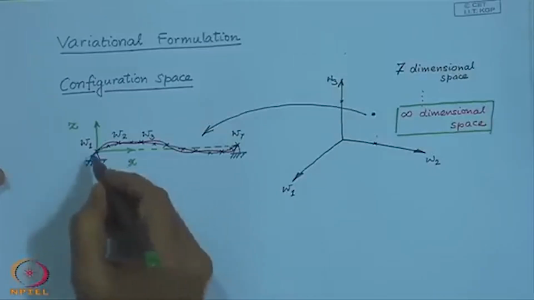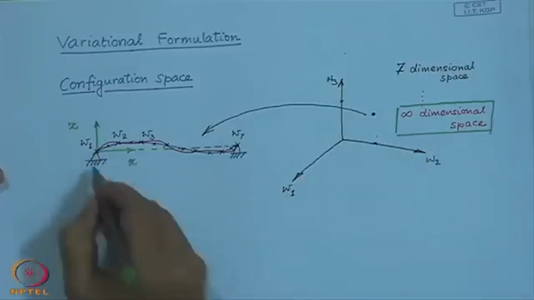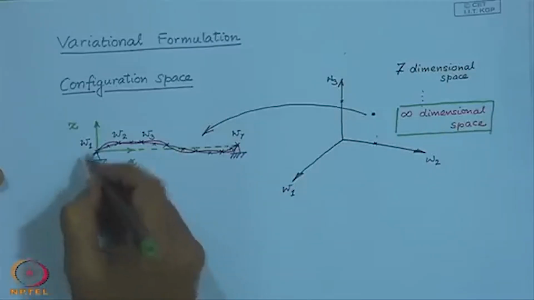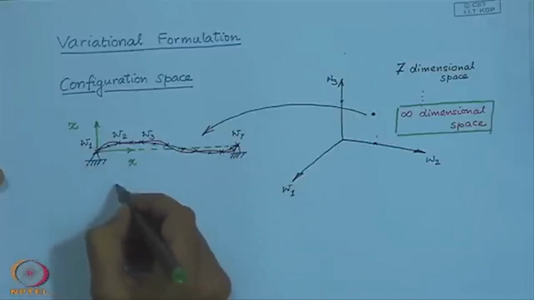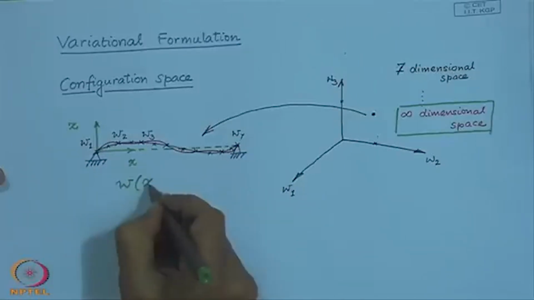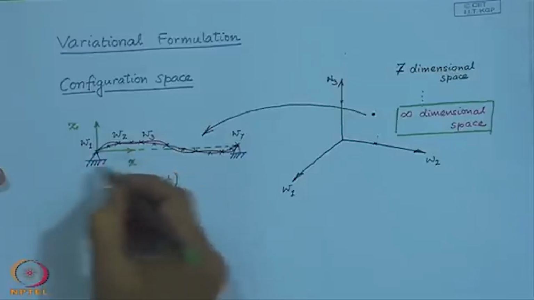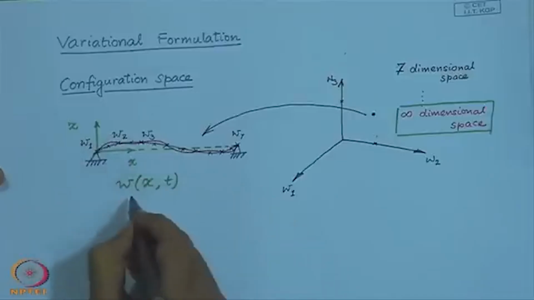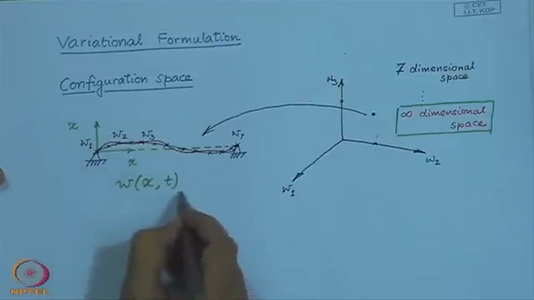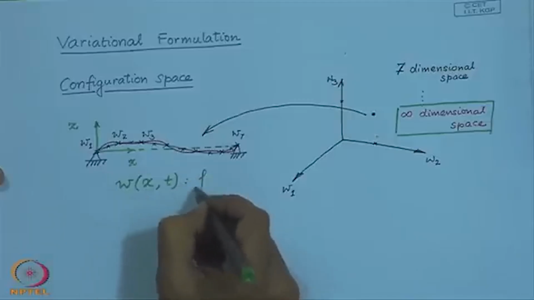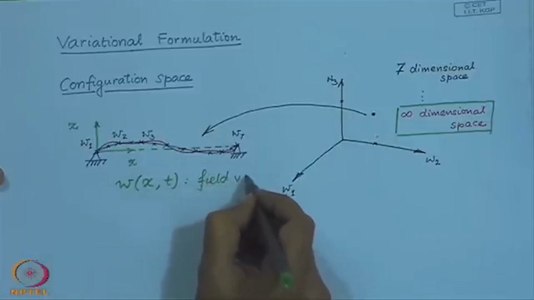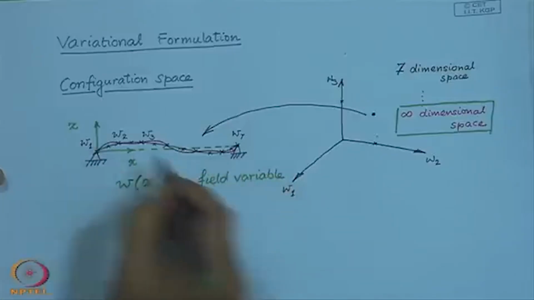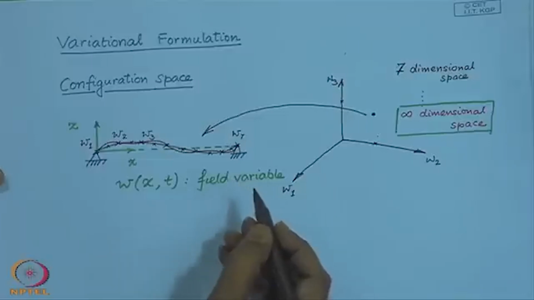Then, as you can see, such infinite possibilities, if you want to represent them, require what are known as field variables, and that is what we have been using till now. So, W, the transverse displacement of the string from the equilibrium position, is therefore represented as a field variable, which can capture all these infinite possible configurations of the string.